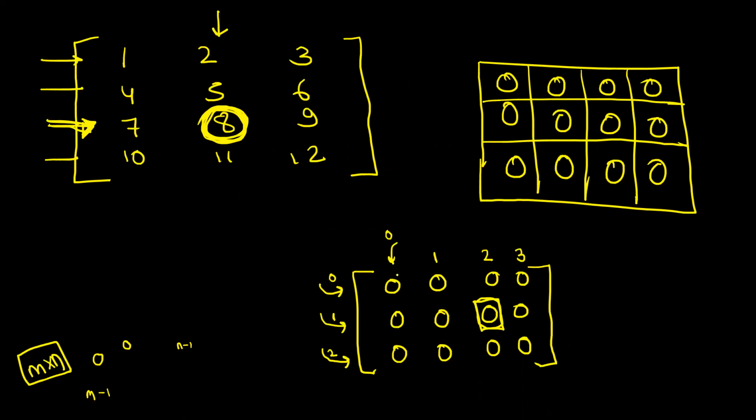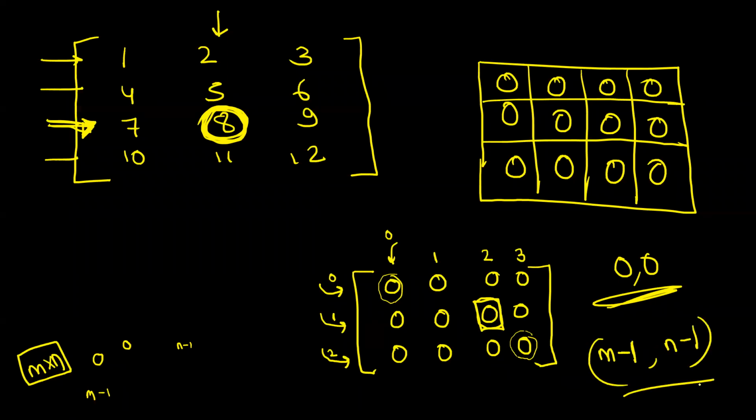If I want to talk about the first element, I will say row number 0, column number 0. And if I want to talk of the last, bottommost element, can I say it is row number M minus 1, column number N minus 1? Coordinates 2, 3. This is how we access elements in a two-dimensional matrix or a 2D array.